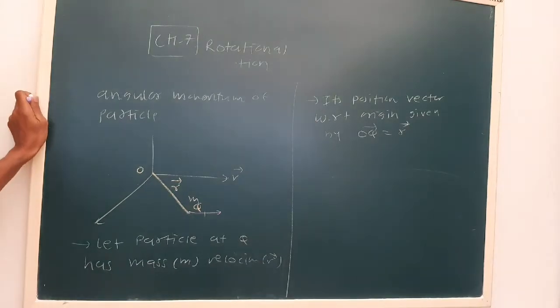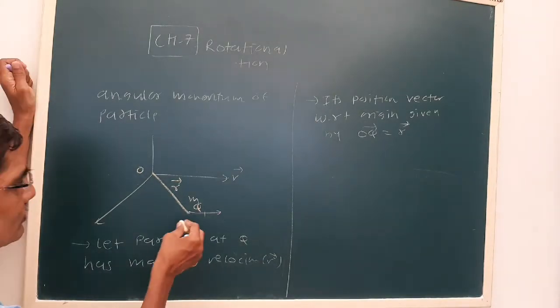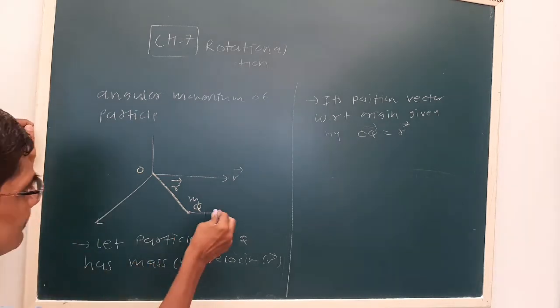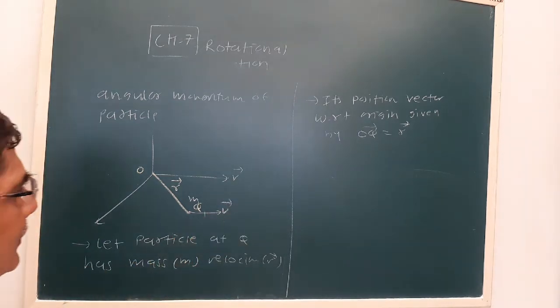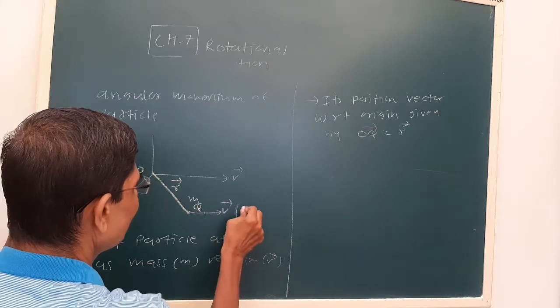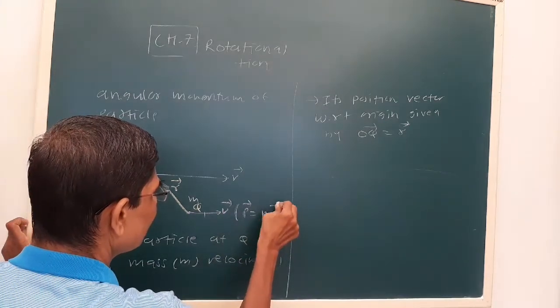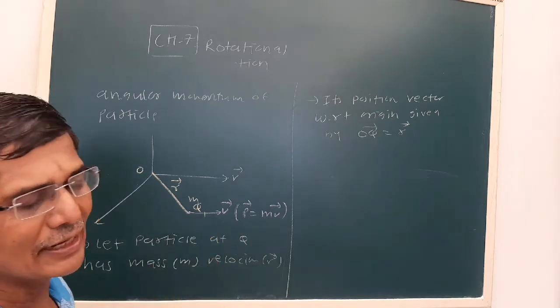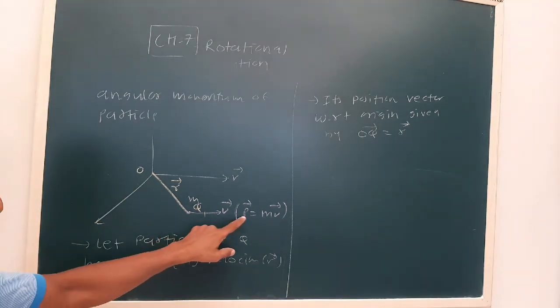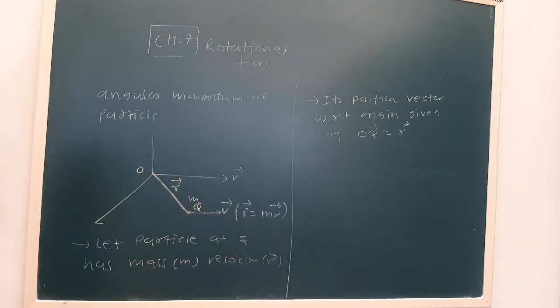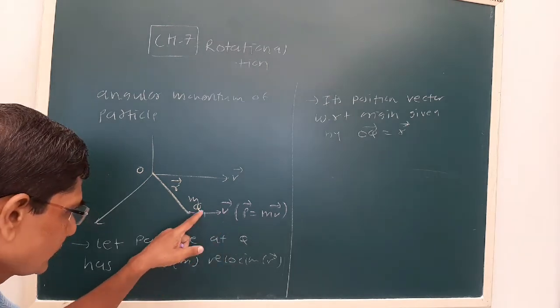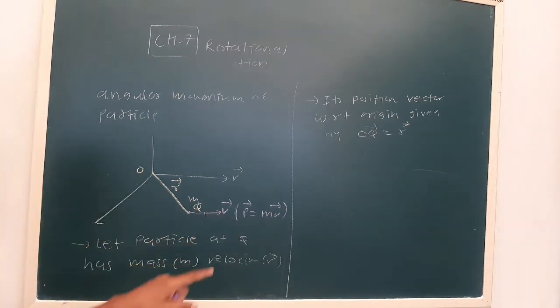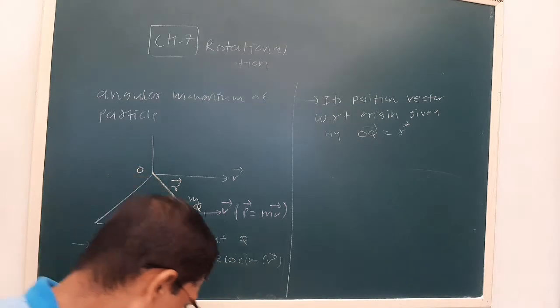Now we know that the product of mass into velocity is momentum. Here v is the velocity of the particle, so the linear momentum will be P is equal to mv. Mass is a scalar quantity. Now we know very well that the direction of linear momentum is in the direction of velocity.